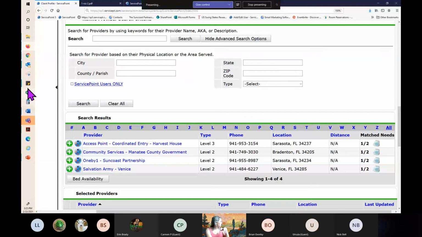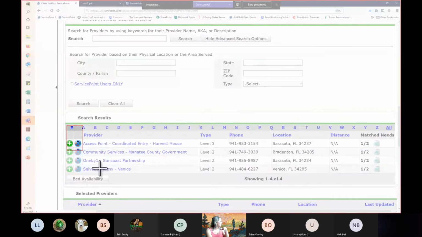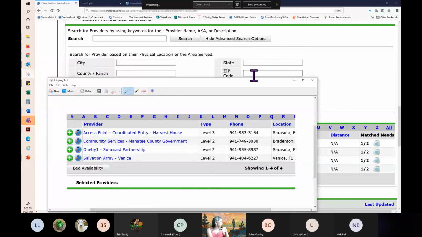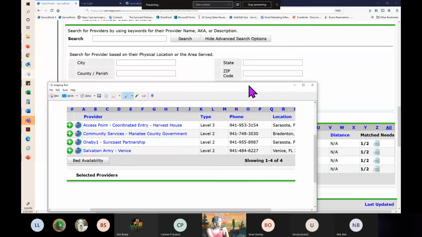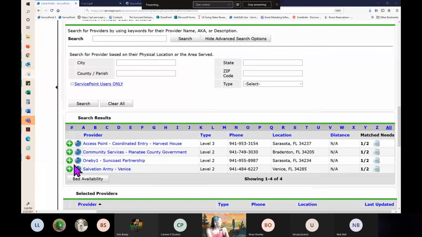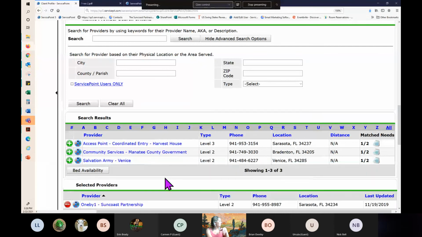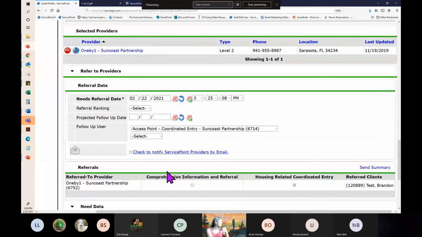And we need to remove these other ones because there should only be 1x1 Suncoast partnership on here. So we add 1x1. Scroll, scroll, scroll. Your referral ranking can be high, medium, low.